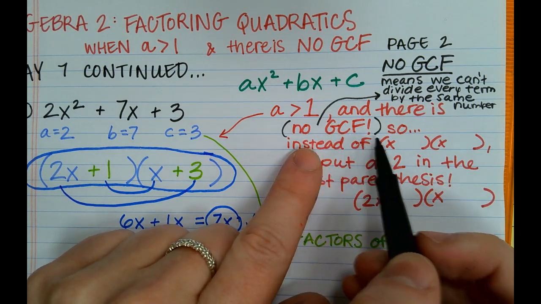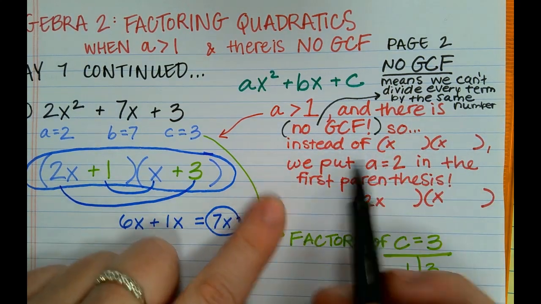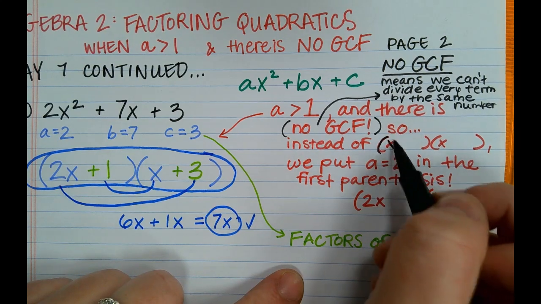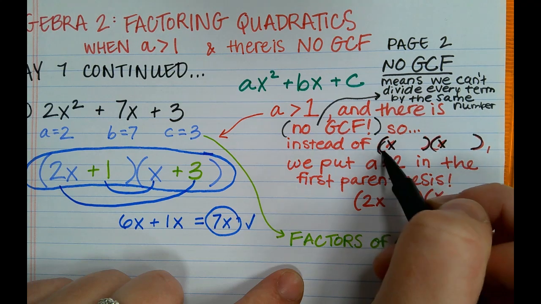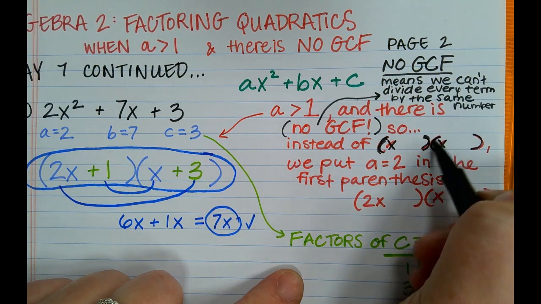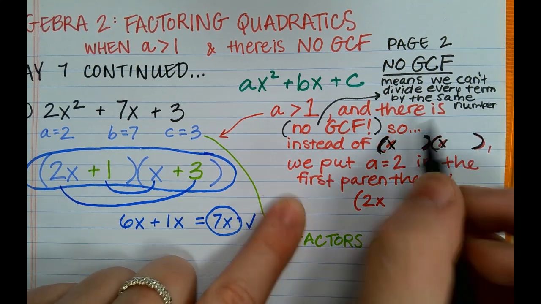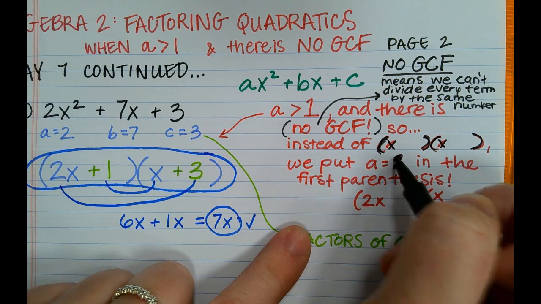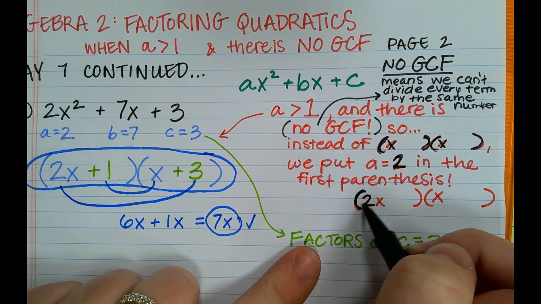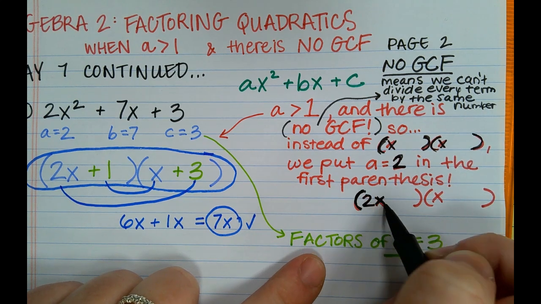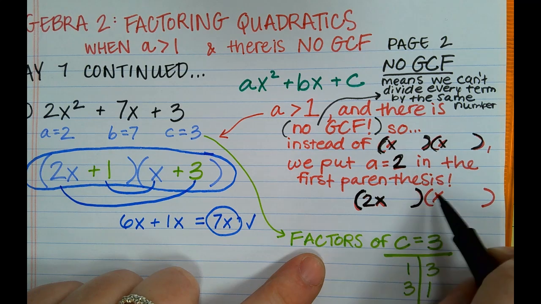And then after that it says, so instead of x and x in your parentheses for your factored answer, we're going to put a or 2 in the first parentheses right here. So it's all written out. If you want to copy that down, feel free.